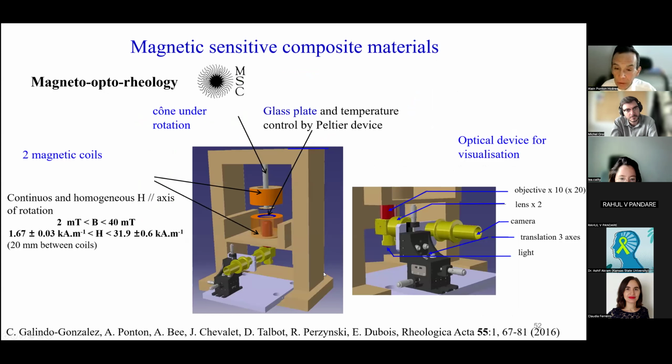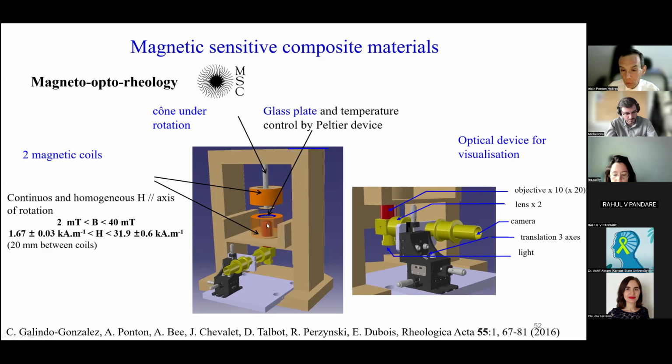To investigate the viscoelastic property under applied magnetic field, we built these special tools. So here you have a classical rheometer with a cone and plate geometry.